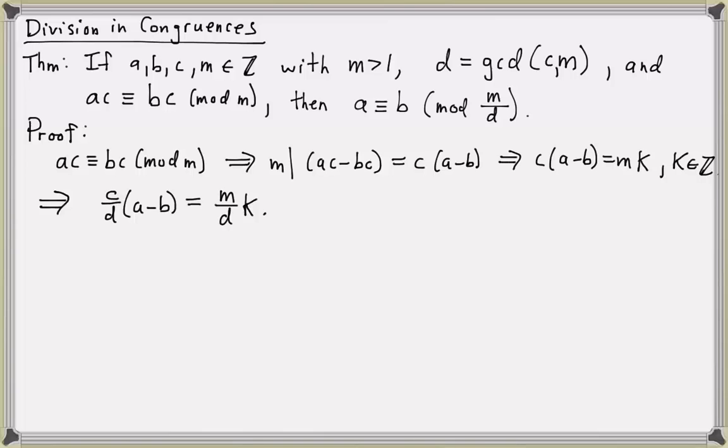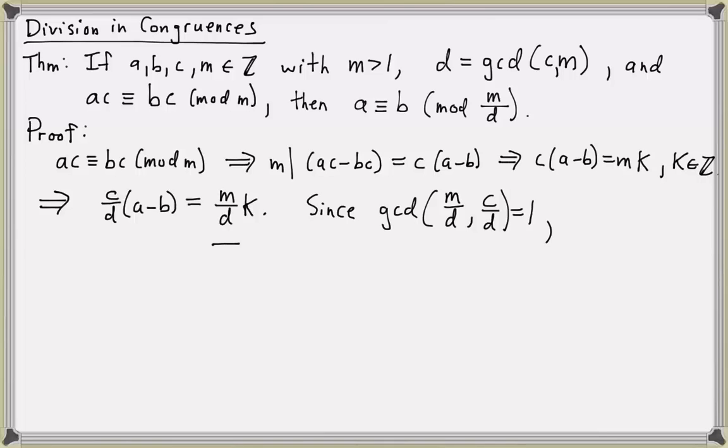So look at this expression. m over d and c over d are now relatively prime because I've divided them both by the greatest common divisor. So since the greatest common divisor of m over d and c over d is 1, this expression shows that m over d divides c over d times (a minus b).